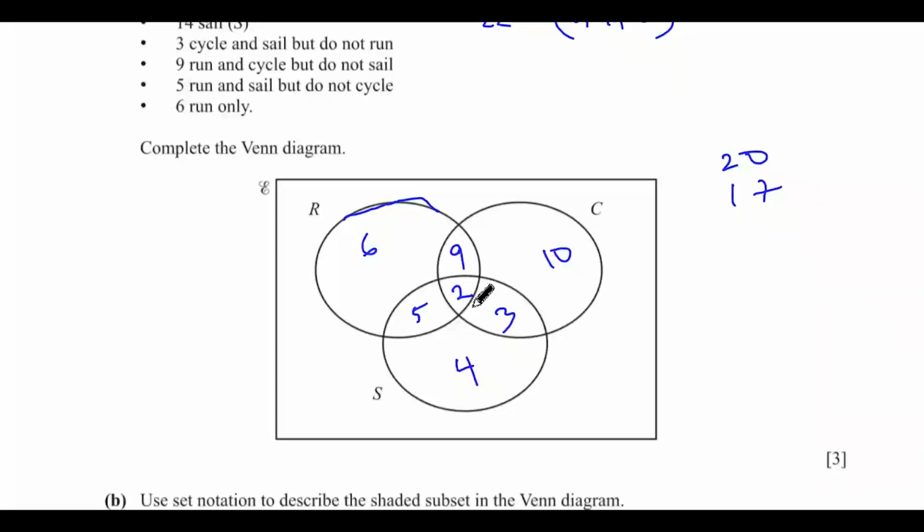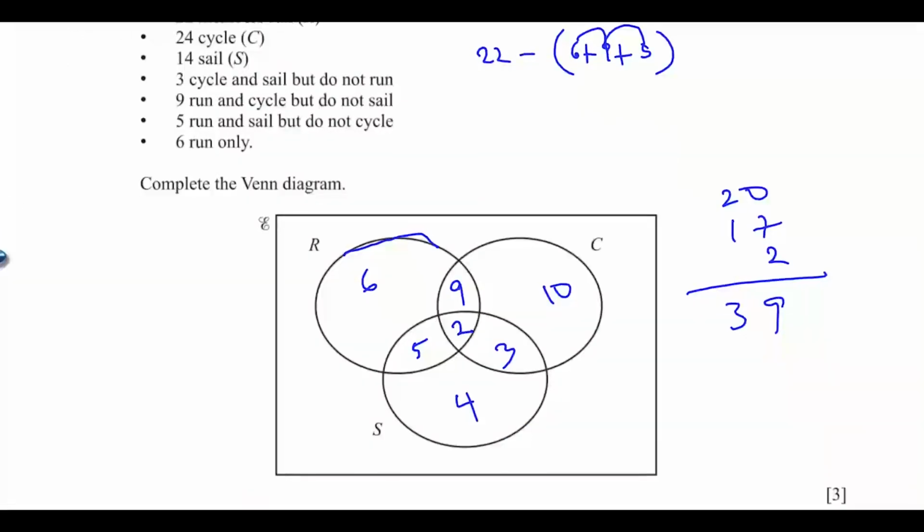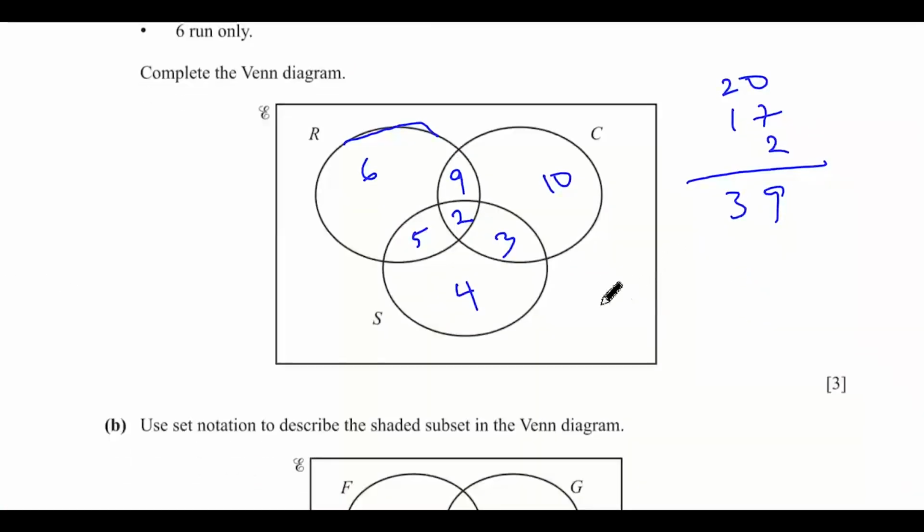Then the 2 in the middle for all 3. So you can see that this adds up to 39. But we have 40 people there. That means there is one person who does not belong to any of the 3 sets but is also part of the population, and that will be the complement of the 3 sets.